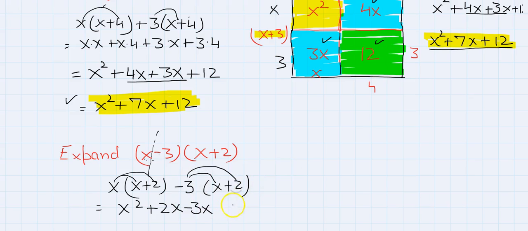And 3 multiplied by 2 is 6. This is a negative sign, this is positive, so it is going to be negative. So that is x square, then 2x minus 3x. 2 minus 3 is minus 1, and x, so it will be written as minus x and minus 6. That is what we get when we multiply x minus 3 by x minus 2.